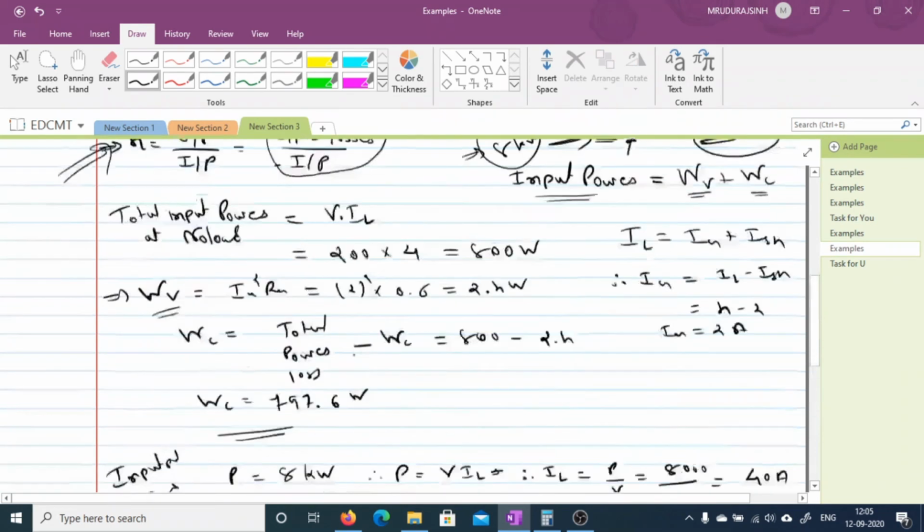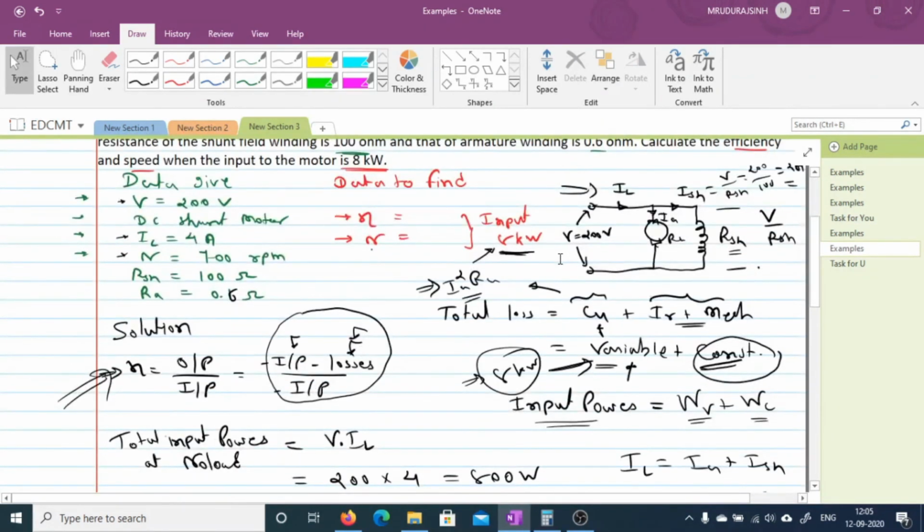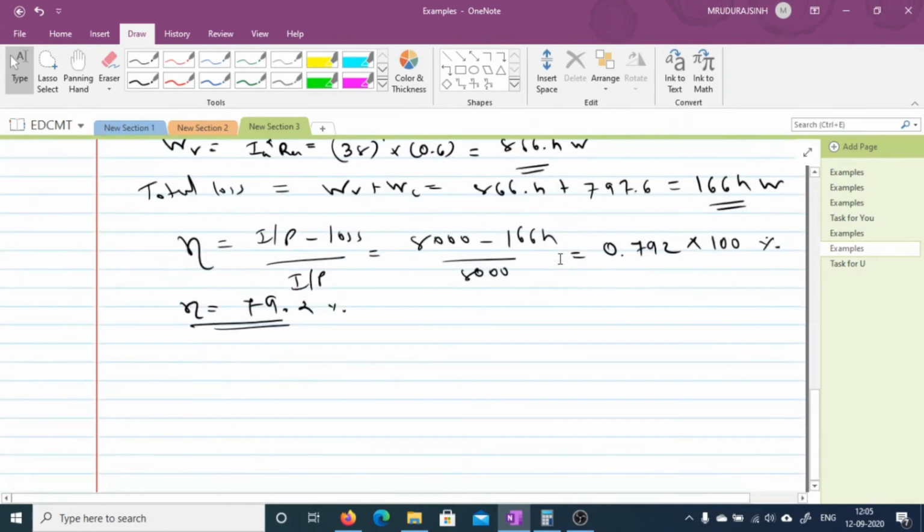The next quantity we need to find is speed, when the motor draws 8 kilowatt from the supply. Now this is the DC shunt motor. For a DC shunt motor, the equation that includes back EMF and speed is EB1 divided by EB2 is equal to N1 by N2, right?